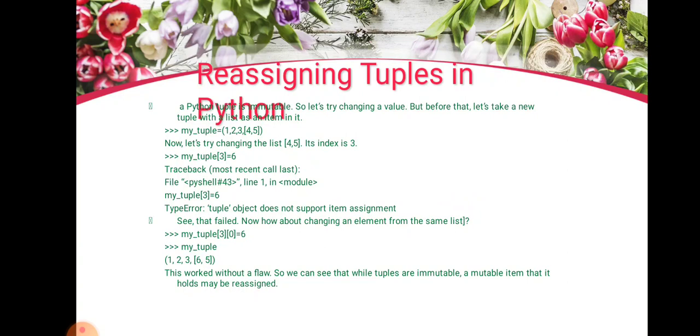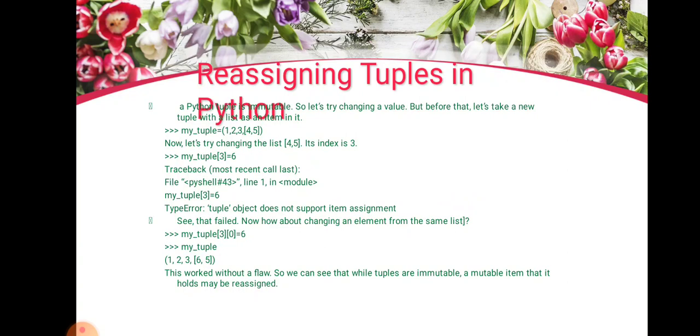The only thing you can do is create a new tuple with a new variable and add the items of the previous tuple to the new tuple. That is only possible with tuples, but you can't change an element of the same tuple. You can't edit the same tuple.